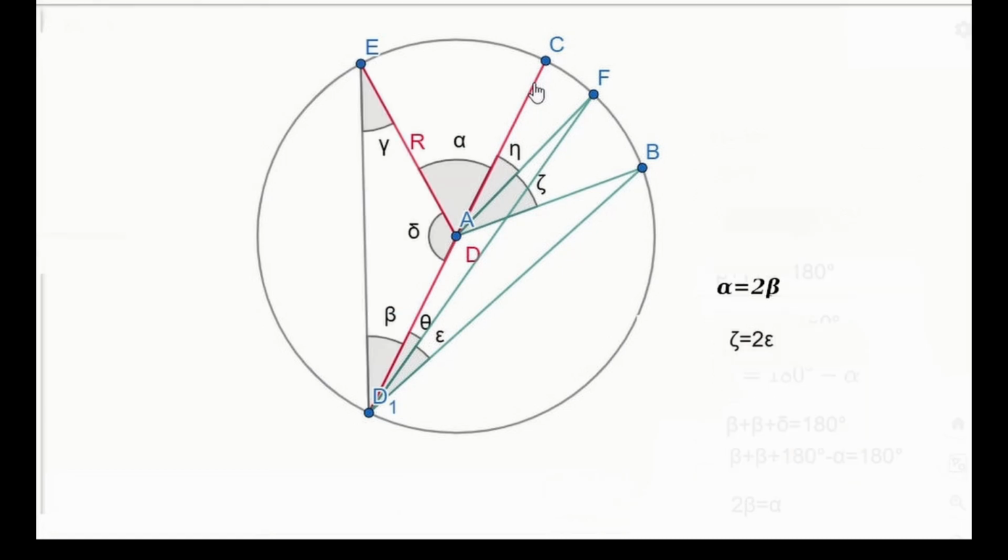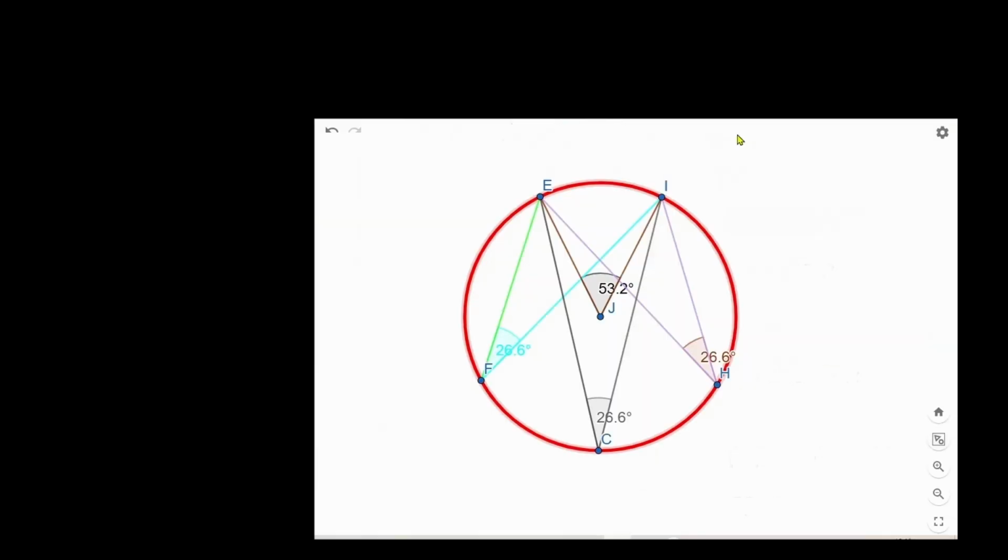So, in every case, the central angle is twice the inscribed angle, as long as both angles subtend the same arc. To better understand the inscribed angle and the central angle, we use this figure.